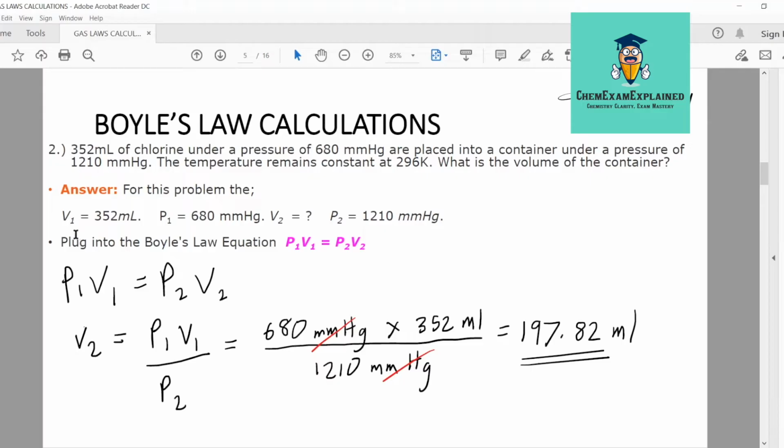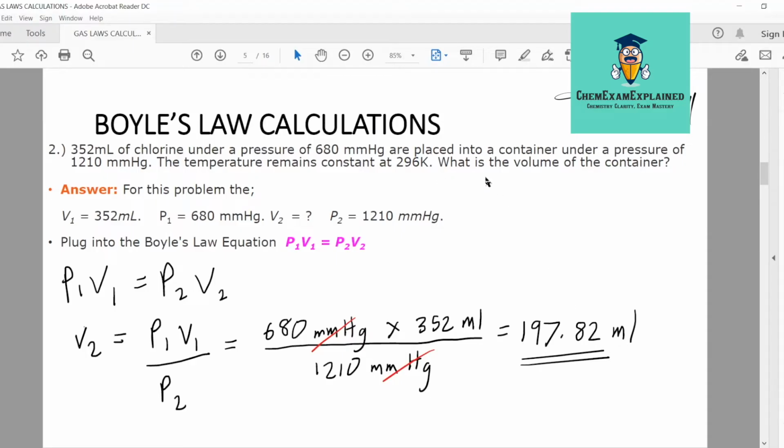Putting down the information we have, volume 1, which is 352 milliliters. We have pressure, which is the initial pressure, 680 millimeters of mercury. We don't know the final volume, and we have the final pressure of 1,210 millimeter mercury. Using the equation and solving for V2, you make V2 the subject of the formula, plug in the information, and here we have our value of 197.82 milliliter.